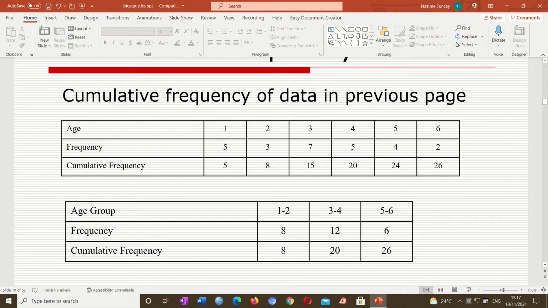This means that there are 6 kids with the ages 5 and 6. Now here, cumulative frequency, this is 8. Now, if I add this 12, it is 20, okay, until this age group. And in the cumulative frequency, I add all these until here is 26.